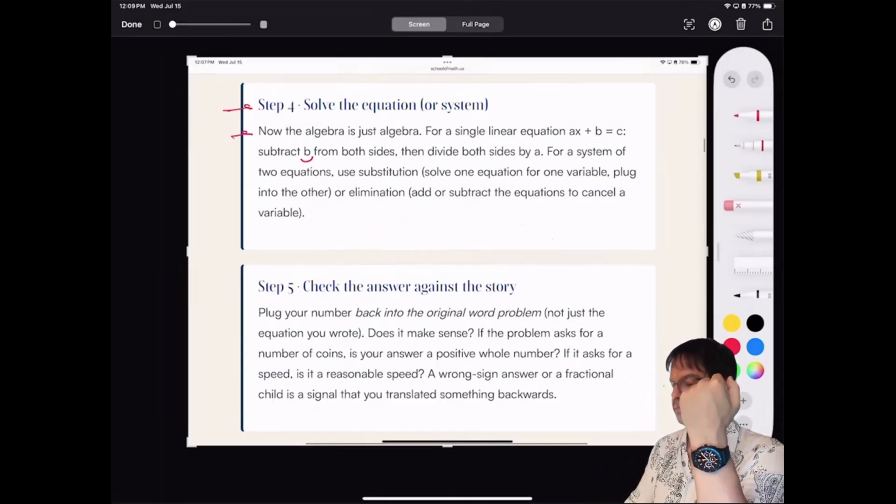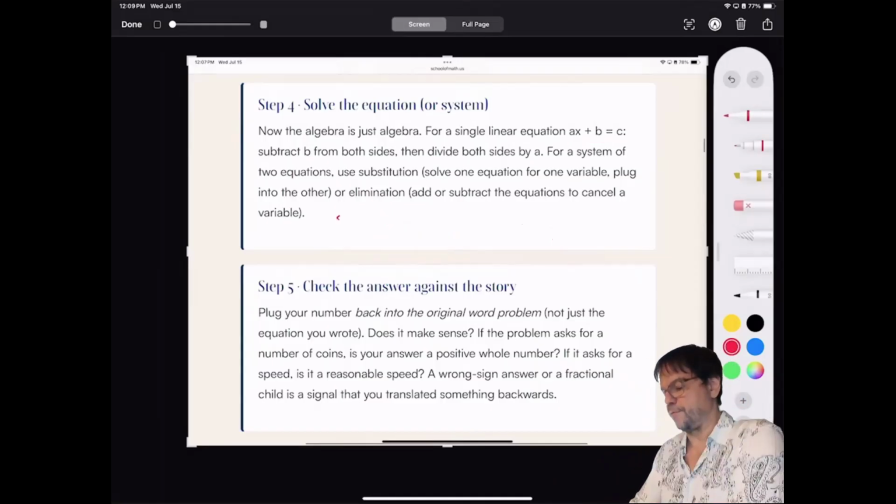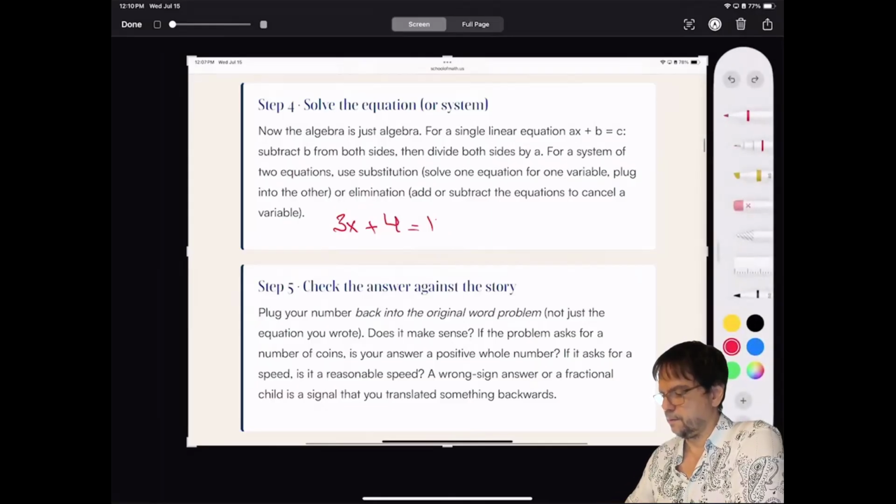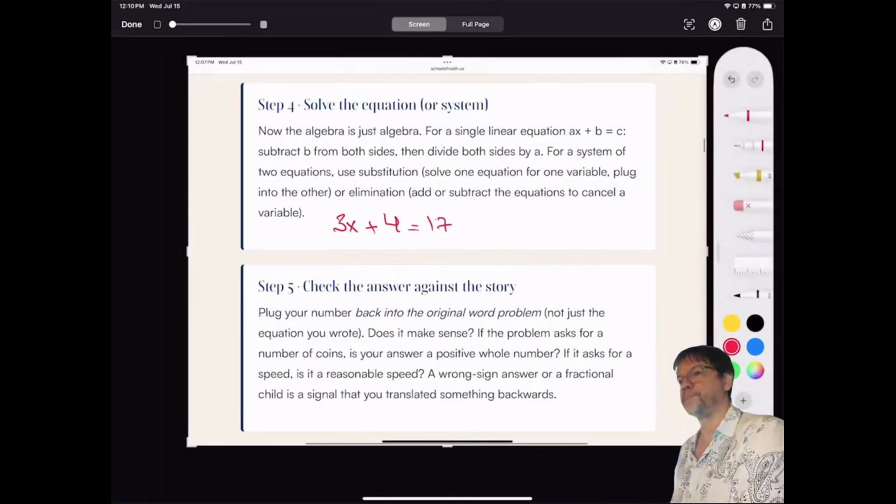I will give numerical examples. Let's suppose you have 3x plus 4 is equal to 17.